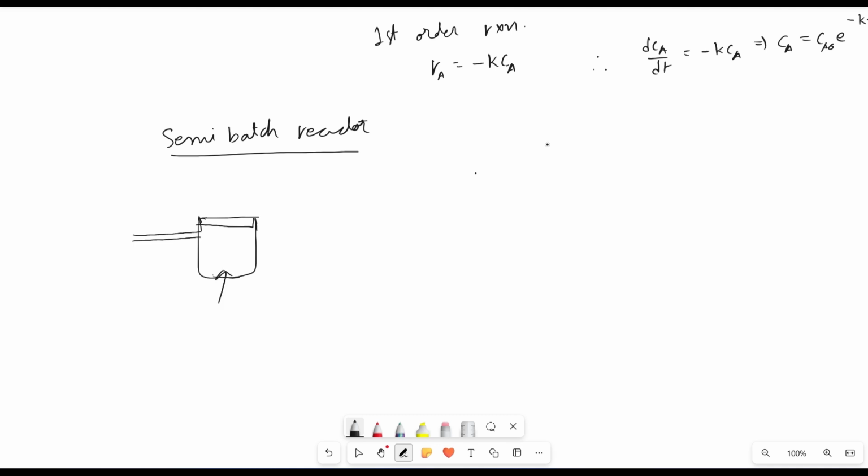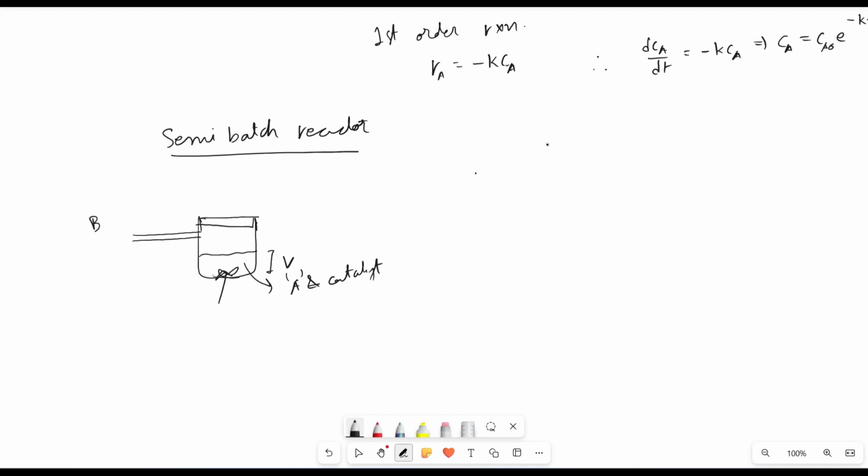This is the agitator. A stream is supplied. The volume is like this, some volume V of the fluid. Suppose B is added, and in this fluid species A and a catalyst are there. Whenever B is added, the reaction happens.